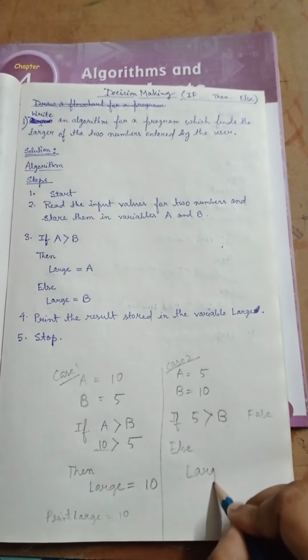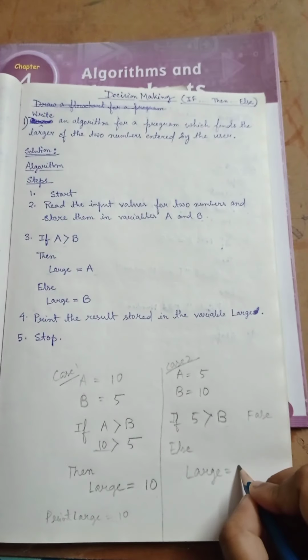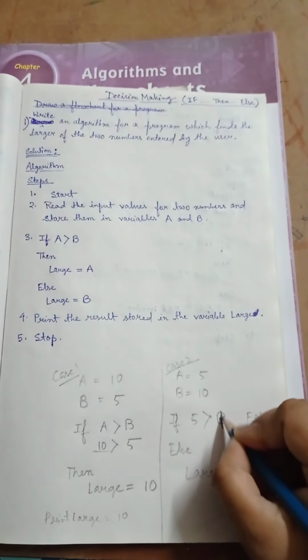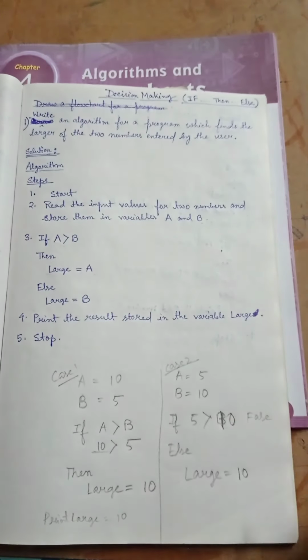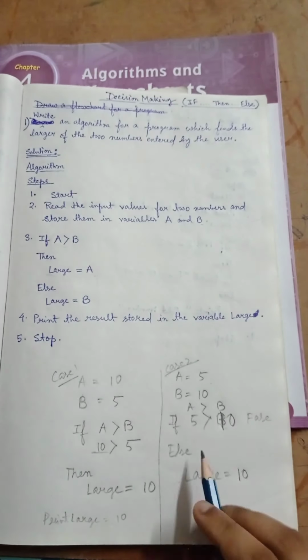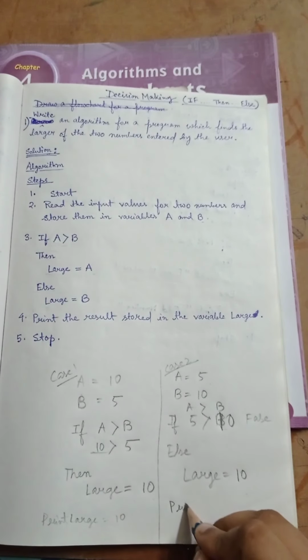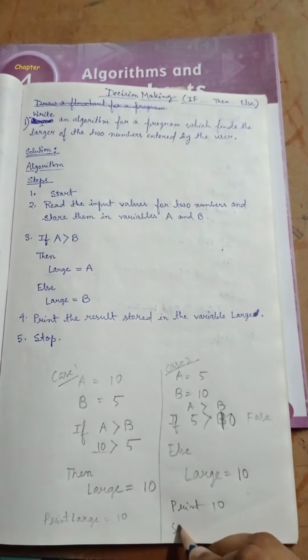So else large is equal to b, which is 10. Now print 10, then stop.